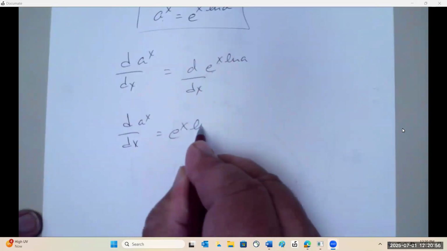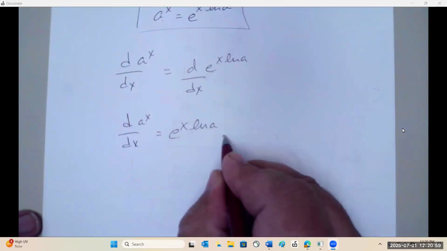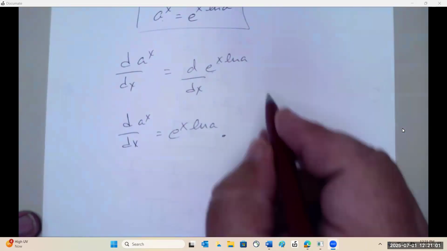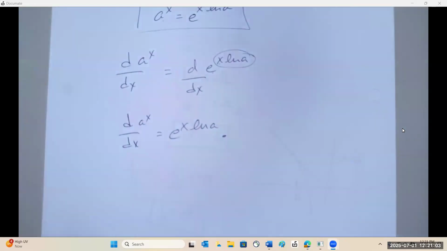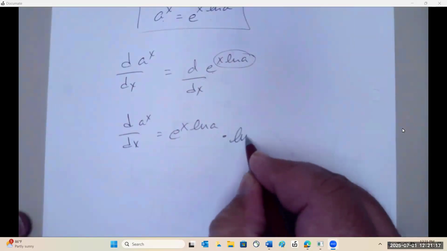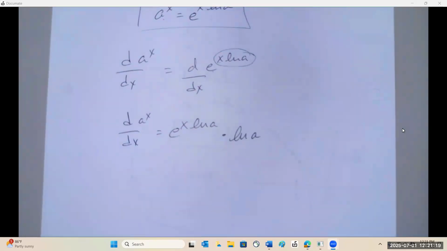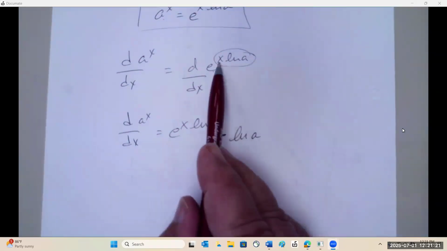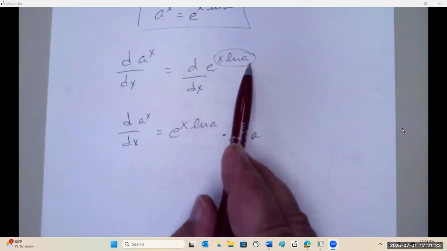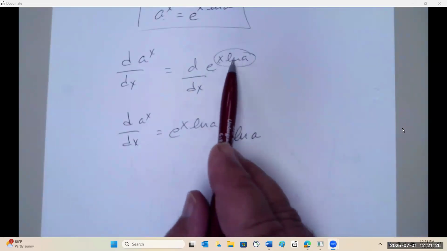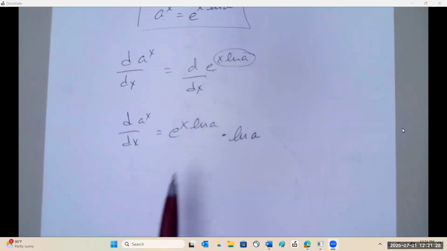So the derivative of e to the power x ln a is e to the x ln a times the derivative of the exponent. What is the derivative of the exponent? Because you're taking it with respect to x, ln a is a constant. So the derivative of x is 1.